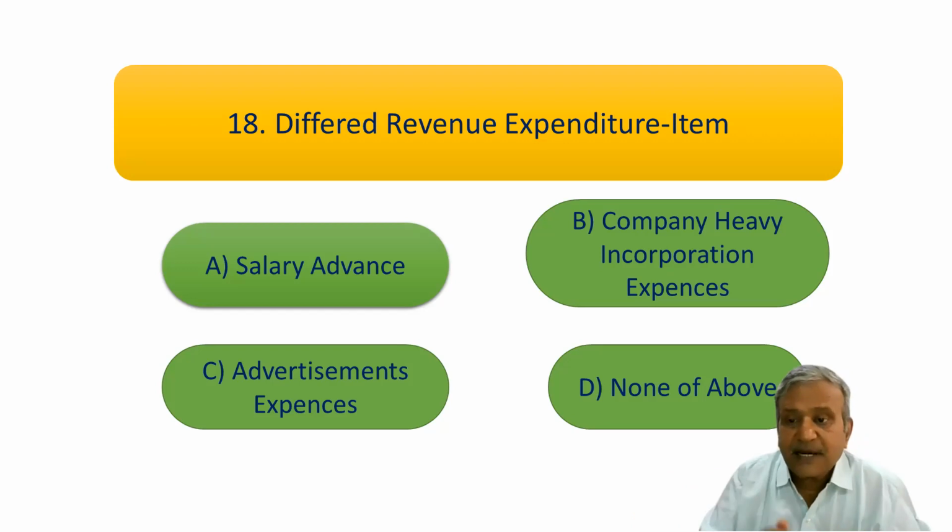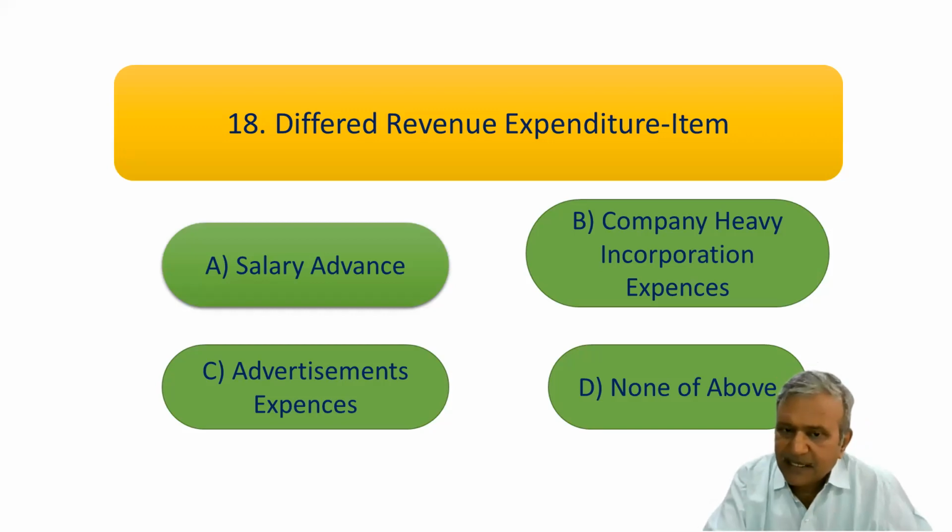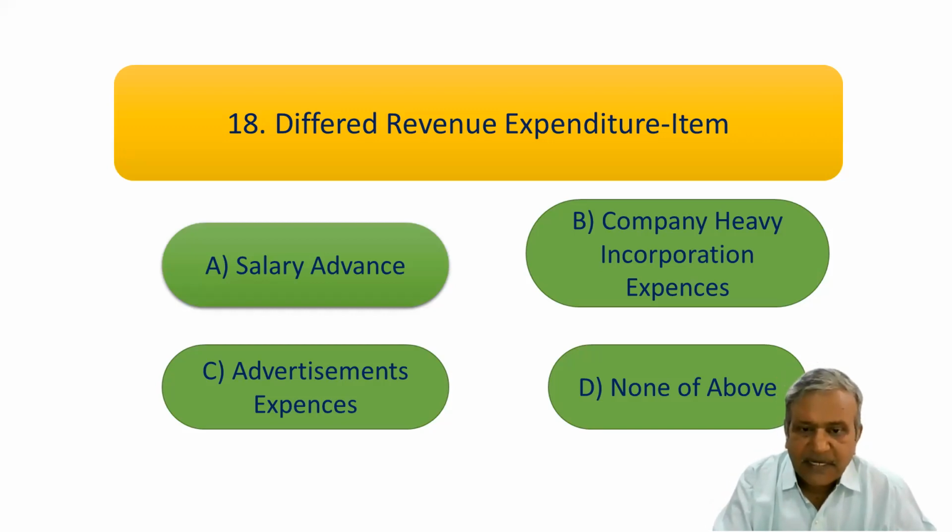I have spent a lot of money at the starting of the company. It is not for 1 year but for future years, so the expenditure has to be written off in 5 years or so. Then it is called a deferred revenue expenditure. I cannot write off in 1 year, I have to write off in the future years also. Correct? Okay, now we'll go for the next one.